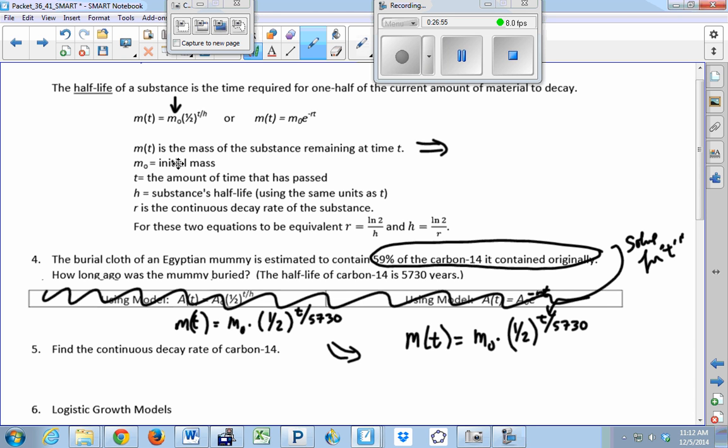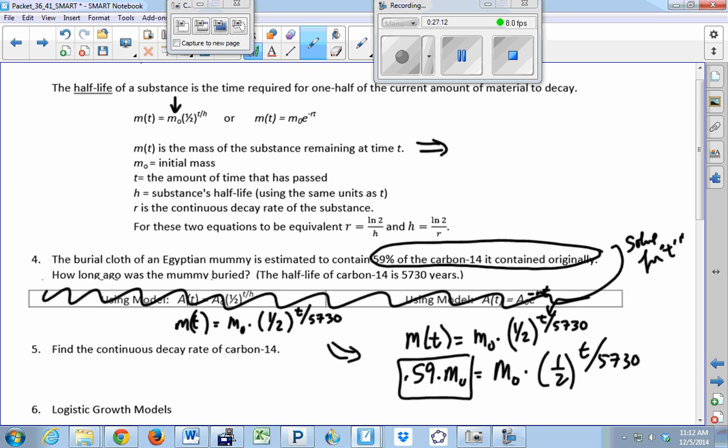The original amount is right here, M sub naught. So it's going to be 0.59 times M sub 0 equals M sub 0 times 1/2 to the T over 5730. That's really the trickiest part right there.